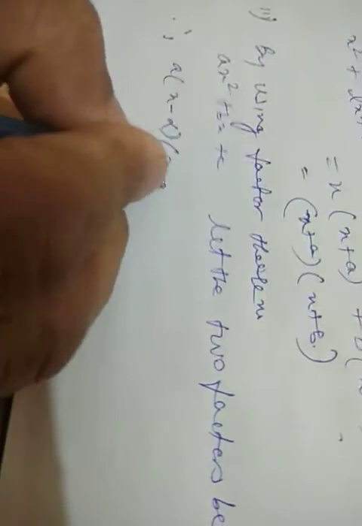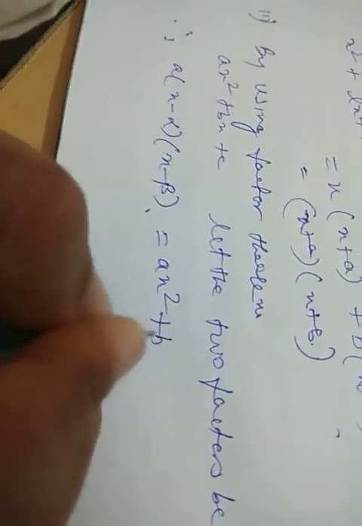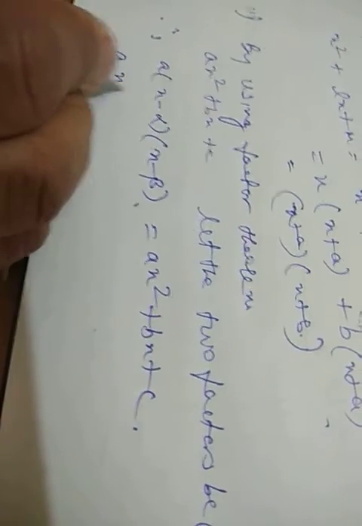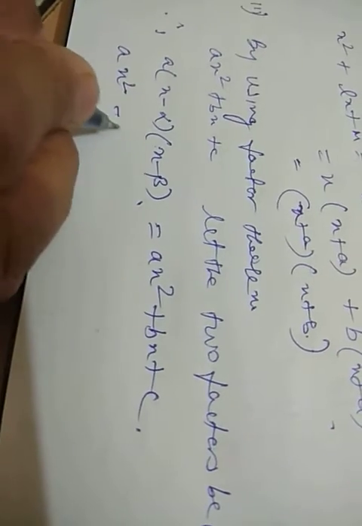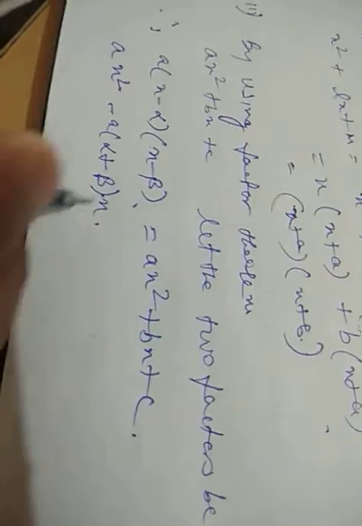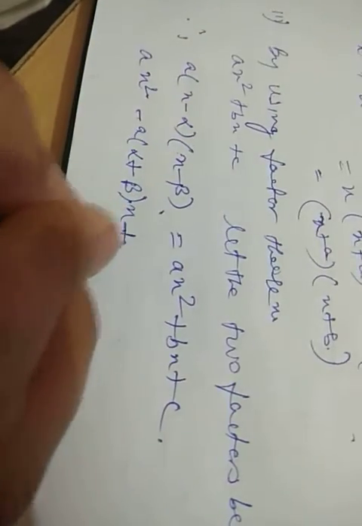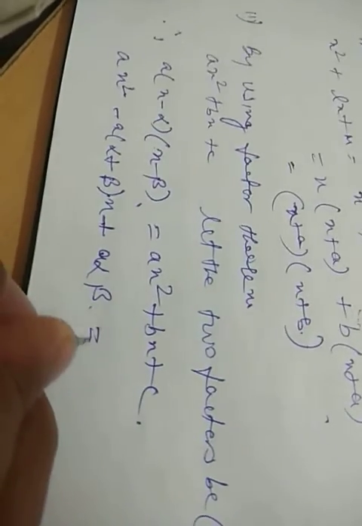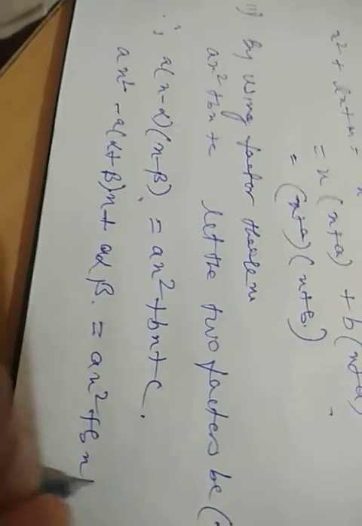Therefore we can say a(x minus alpha)(x minus beta) will be equal to ax square plus bx plus c, or ax square minus a(alpha plus beta)x plus a alpha beta, that will be equal to ax square plus bx plus c.